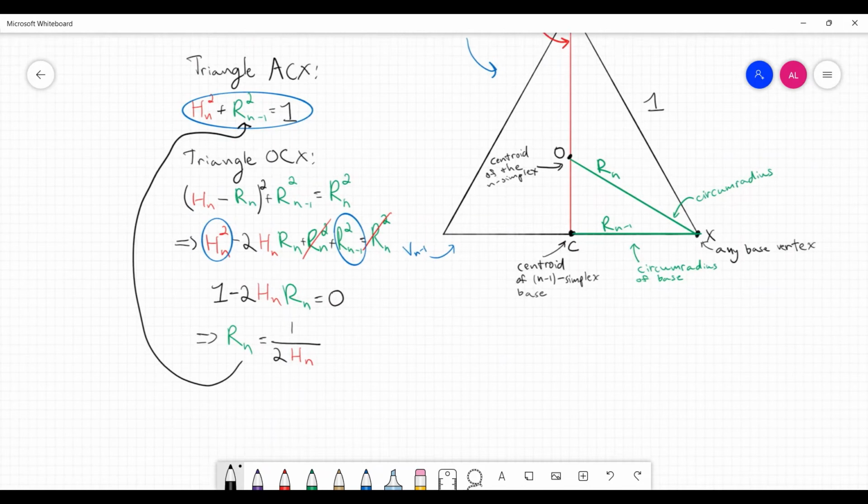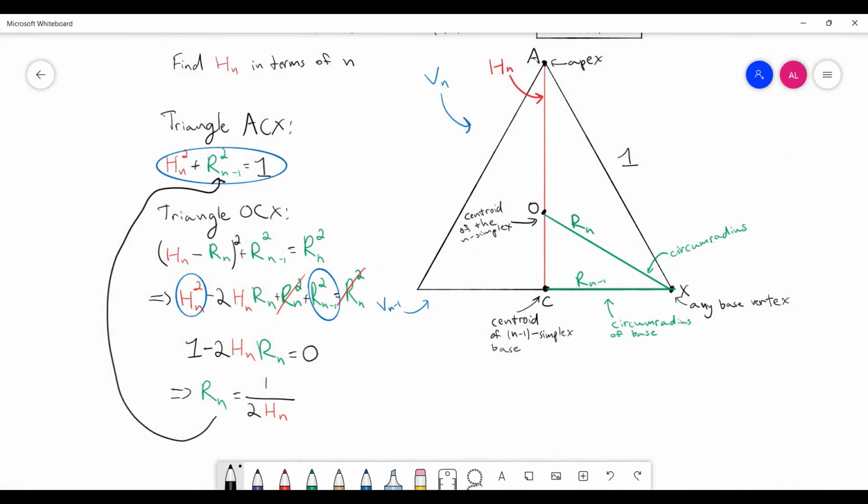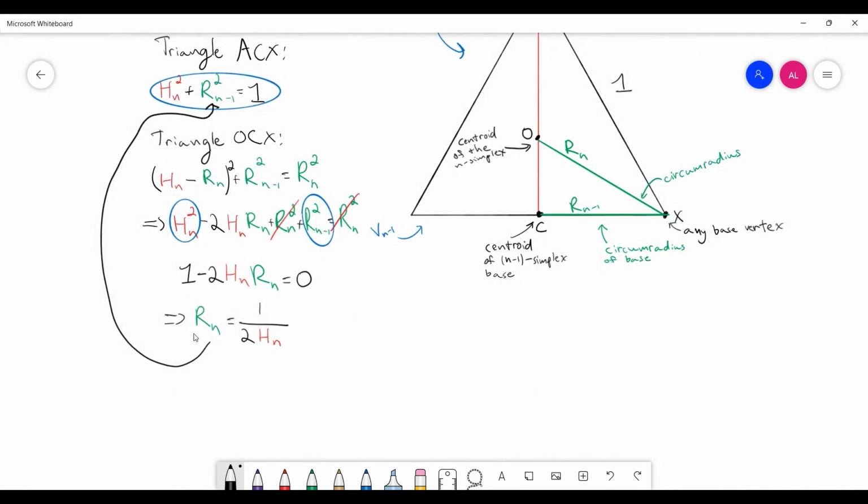But now what we can do is, since this whole thing that we set up works just as well for an n-1 simplex as for an n-simplex, we can plug this expression into here. We can substitute n-1 for n, and we can plug it into here. So we are effectively substituting 1 over 2Hn minus 1 for Rn minus 1 in the top blue circled equation.